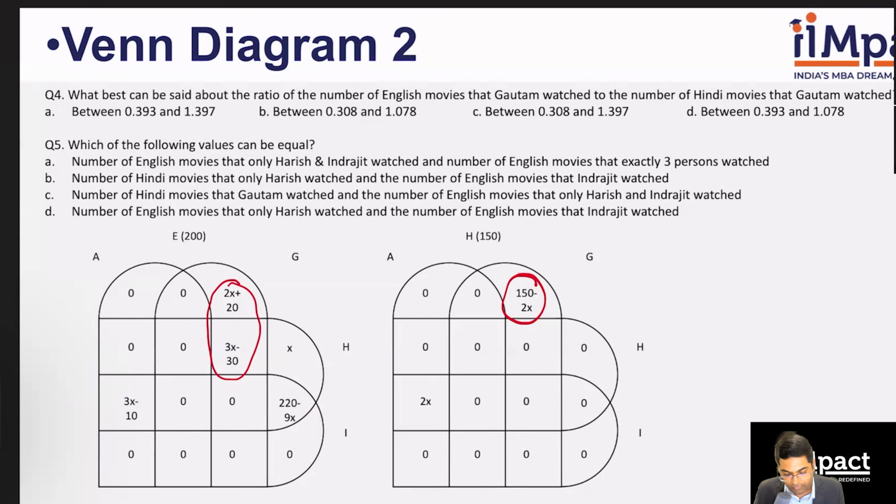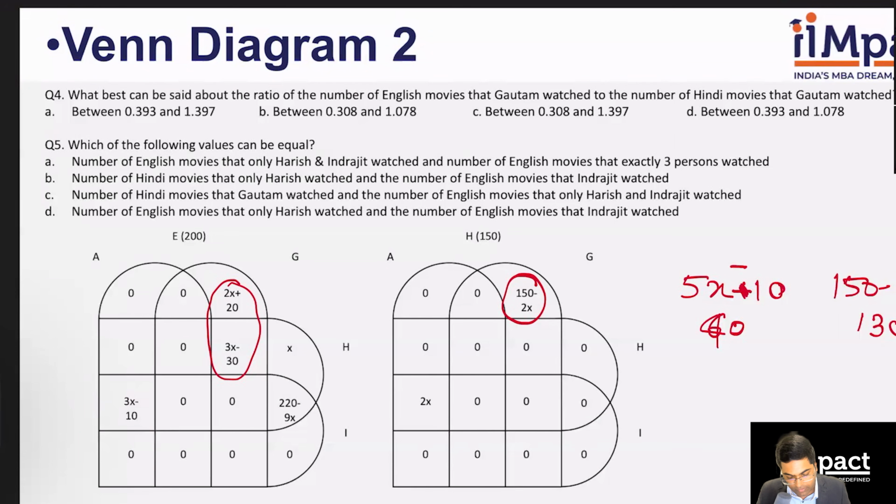So let's say I have 5x minus 10 and I have 150 minus 2x. This is what was asked: English movies that Gautam watched, which is this, and Hindi movies that Gautam watched, which is this. Now if I put x as 10, I get 40 and 130.